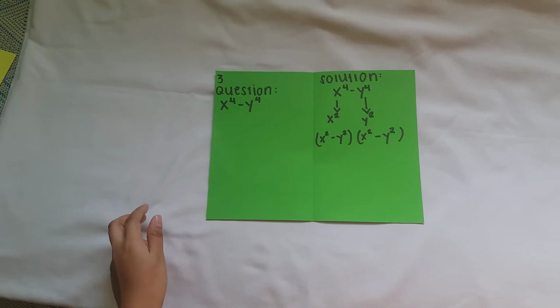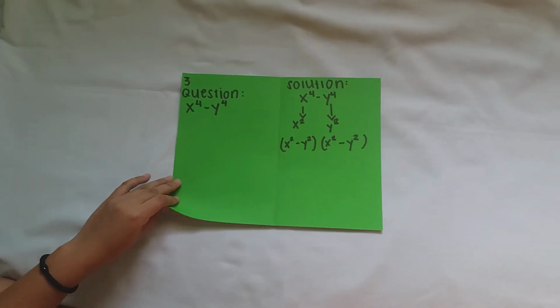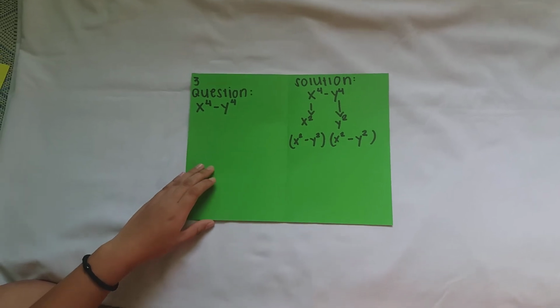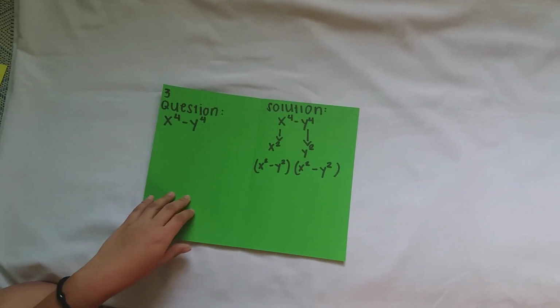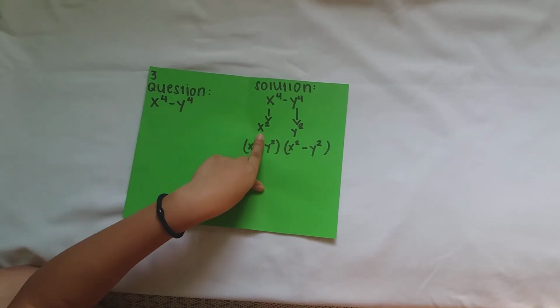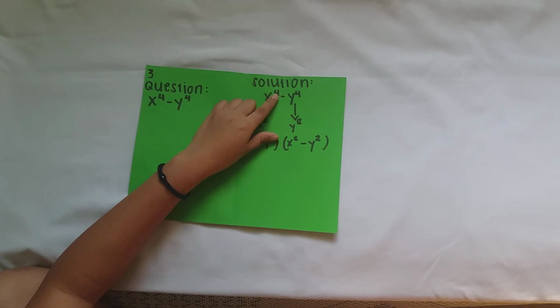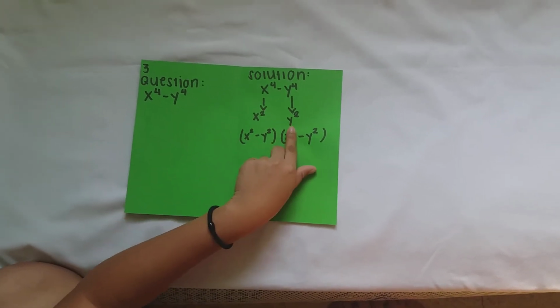In here we have another one. We only have variables, we don't have numbers, which is much easier than the other ones. So the square root of x to the power of 4 is x squared, and the square root of y raised to the power of 4 is y squared.